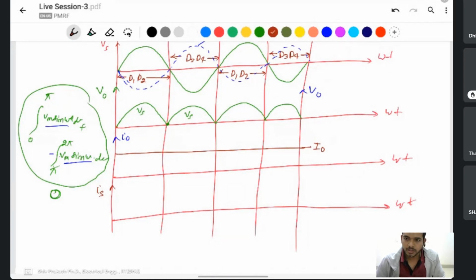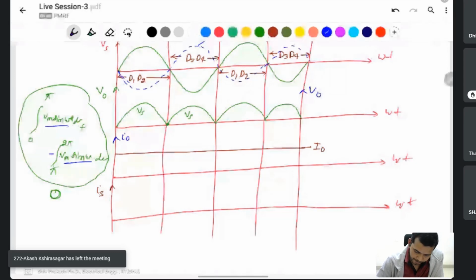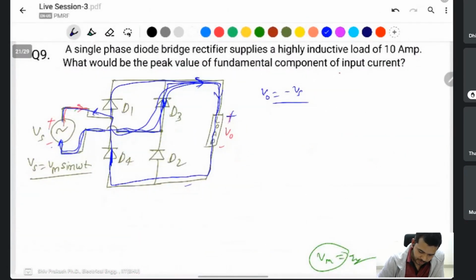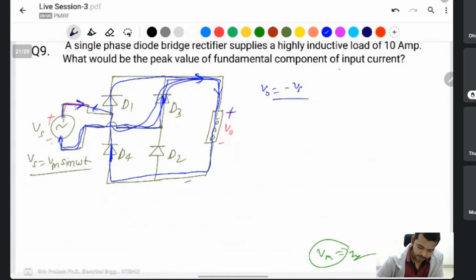If you simulate this in MATLAB or any other tool with a highly inductive load, you find a constant output current. On the input side, the current will have positive and negative values. When D1, D2 are on, the current flows in this direction, and when D3, D4 are on, the current flows in the negative direction.